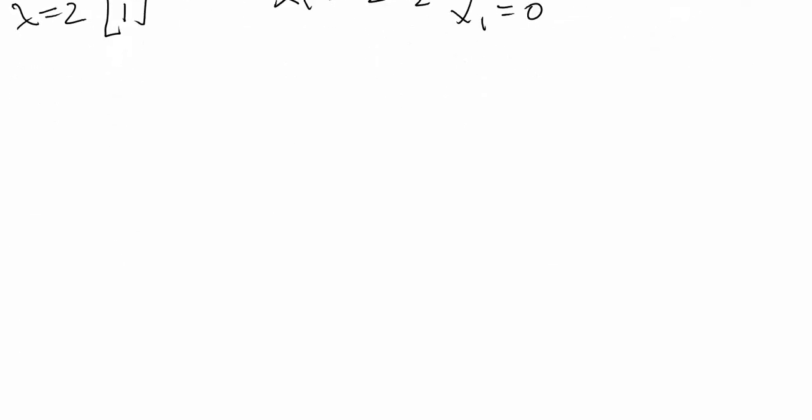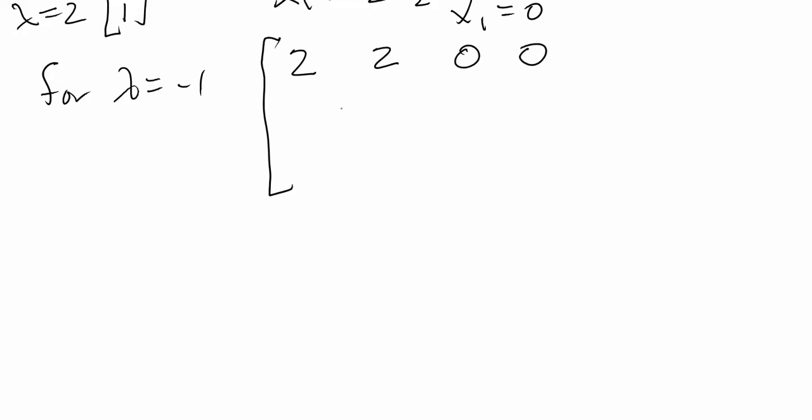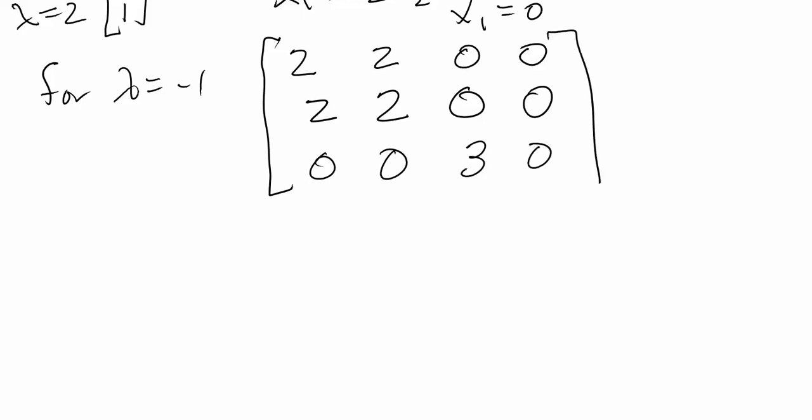And here our eigenvalue is equal to minus 1, so we'll subtract minus 1 from each of the diagonal terms, which is going to give us a system of equations 1 minus a negative 1, or 2, 2, 0, 0. The next row is 2, 1 minus a negative 1, 2, 0, 0, 0, 0, and this is 2 minus a negative 1, 3, 0.